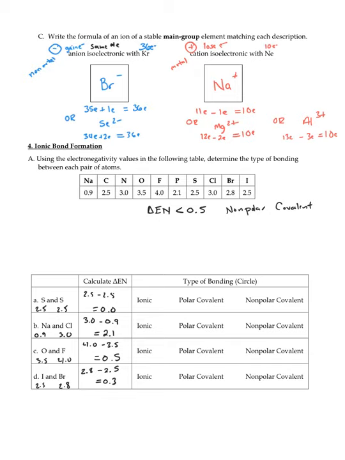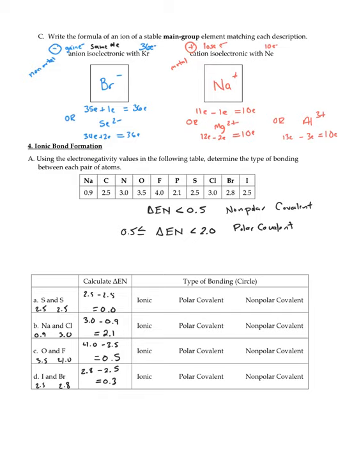And so they end up sharing those electrons equally. Now, once you hit 0.5 or greater, but less than 2.0, you have what's called polar covalent. And so the fact that it's covalent means they're sharing, but now they're not sharing equally, right? One of them's stronger, it has those electrons more often than not, but it can't quite pull them away.